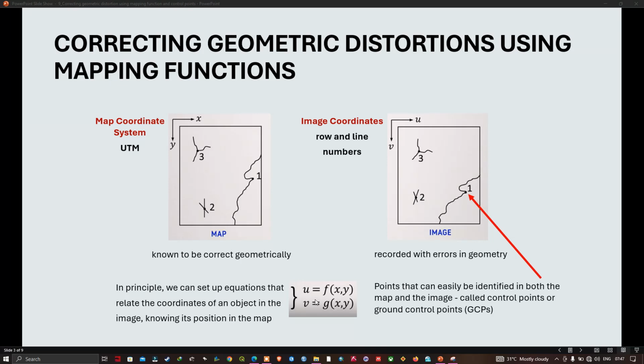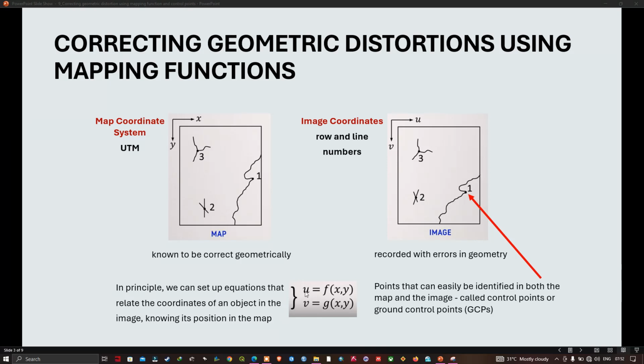To find those explicit values, we need some points in common, that is, simultaneous sets of x, y and u, v that we can substitute into the equations. Those points are called the control points, or sometimes ground control points.